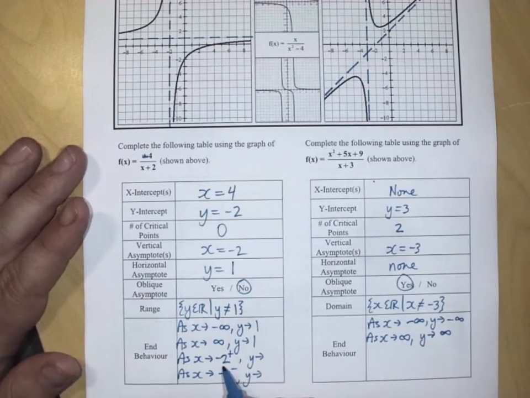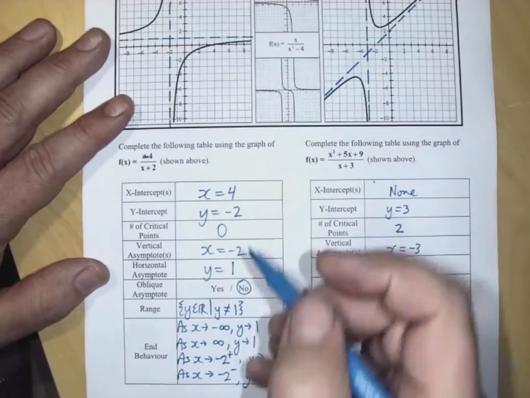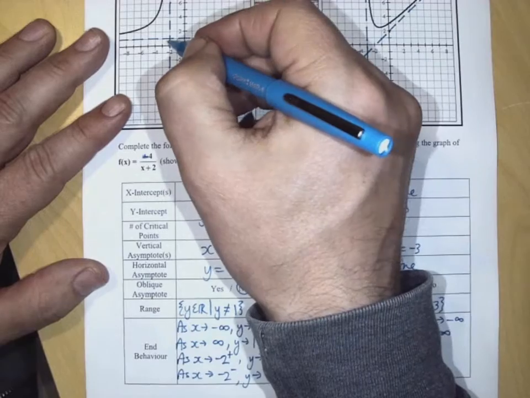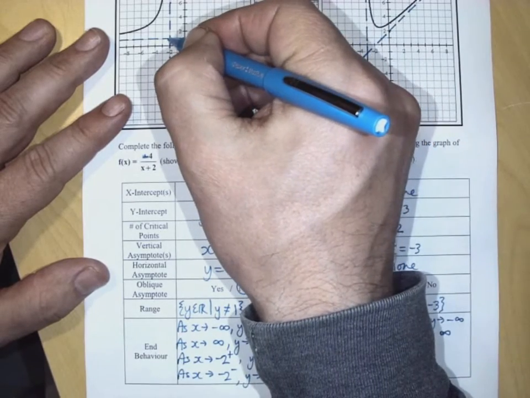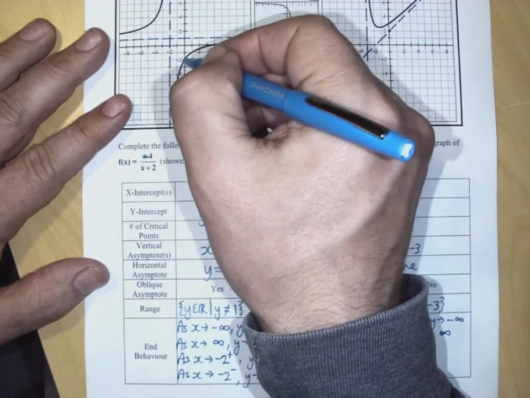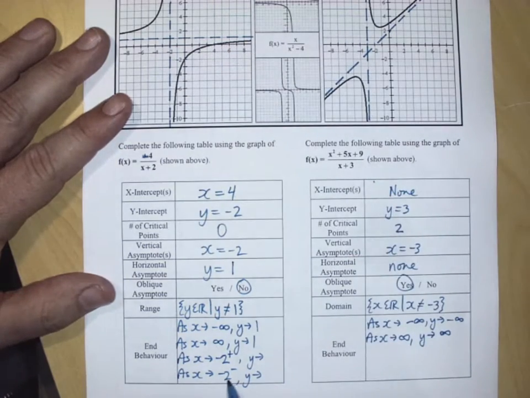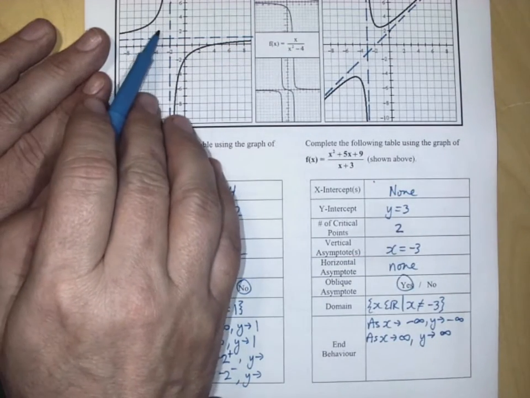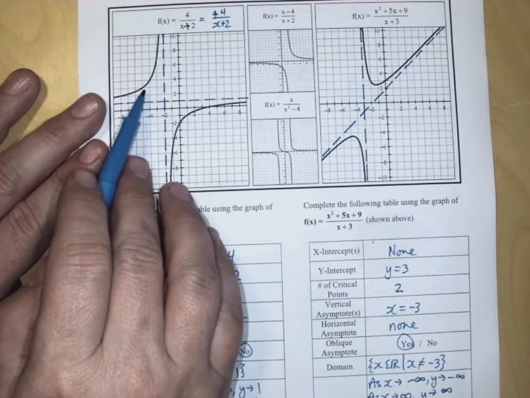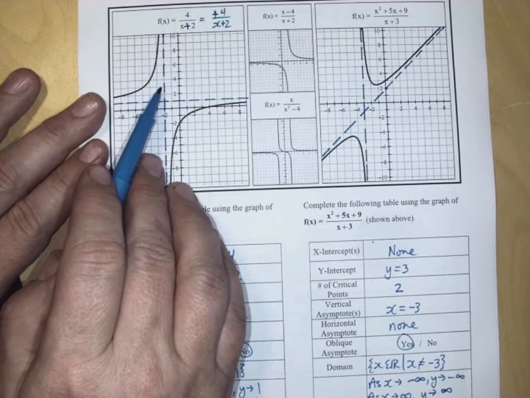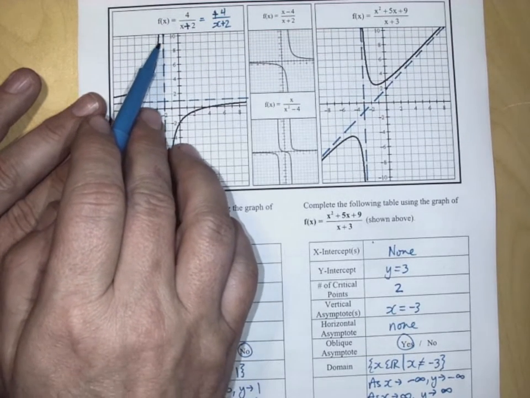As x approaches -2 from the right, so that positive means from the right. So here's -2. I'm heading towards -2 from the right-hand side. What's going on? Well, y is heading down. As x approaches -2 from the left, we're coming in this way at it. What's y doing? As we come closer and closer to -2, it's heading up.